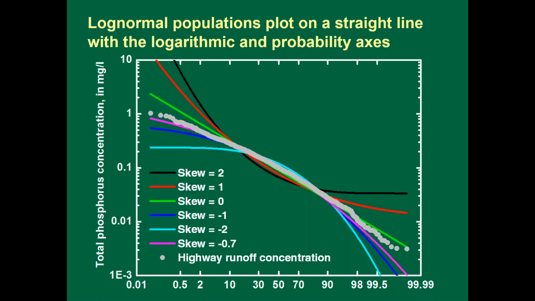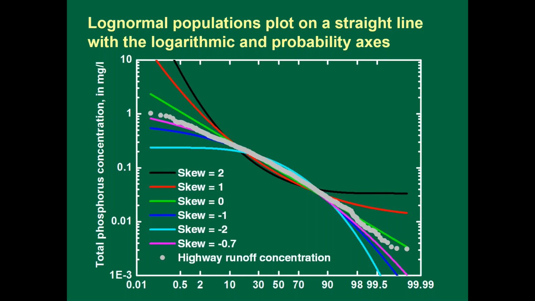So this graph is a probability plot of the highway runoff data from the actual site and theoretical distributions. These have a mean of -1.05 in log space and a standard deviation of 0.423. Because it's -1.05 in log space, that would be a concentration of about 0.1 milligrams per liter.